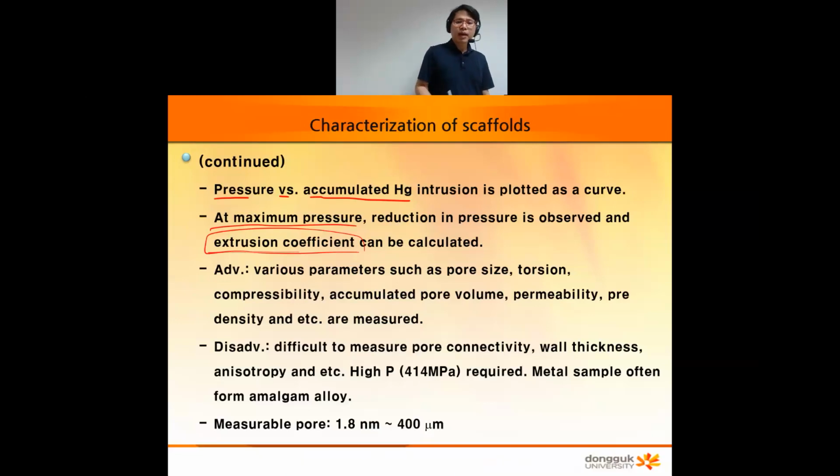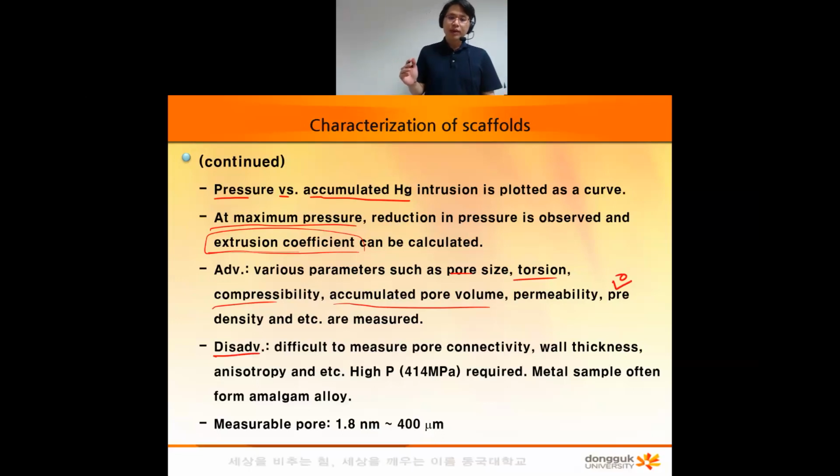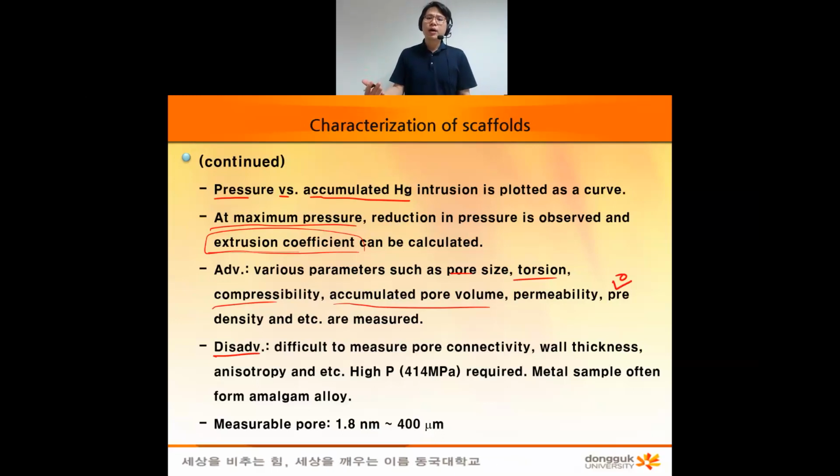Advantage of this method: various parameters such as pore size, tortuosity, compressibility, accumulated pore volume, permeability, and pore density, etc. can be measured. But there are some disadvantages. It is not applied for the pore connectivity, and we cannot measure wall thickness, and we cannot measure anisotropy.